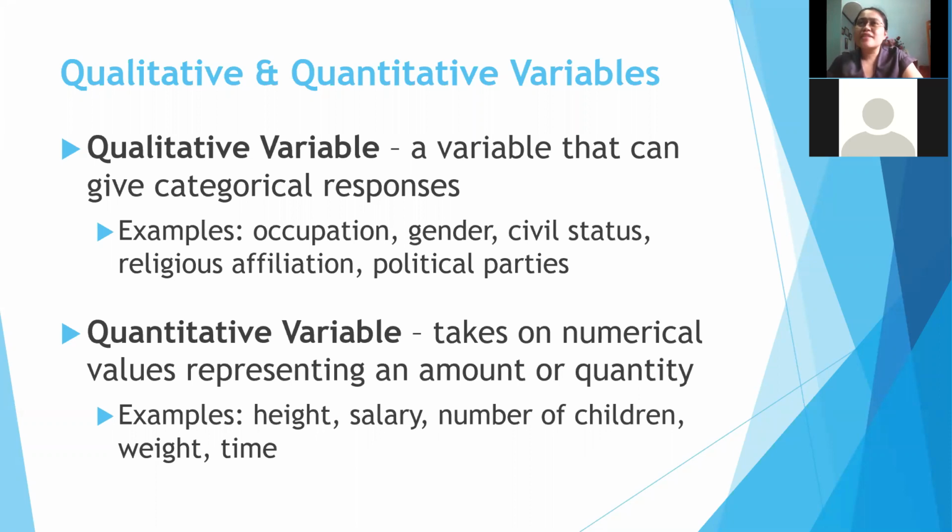When you ask your participant about their religious affiliation, we can categorize them, like Roman Catholic, Islam, Protestants, Buddhism, and political parties. Again, any variable that can be categorized is a qualitative variable.